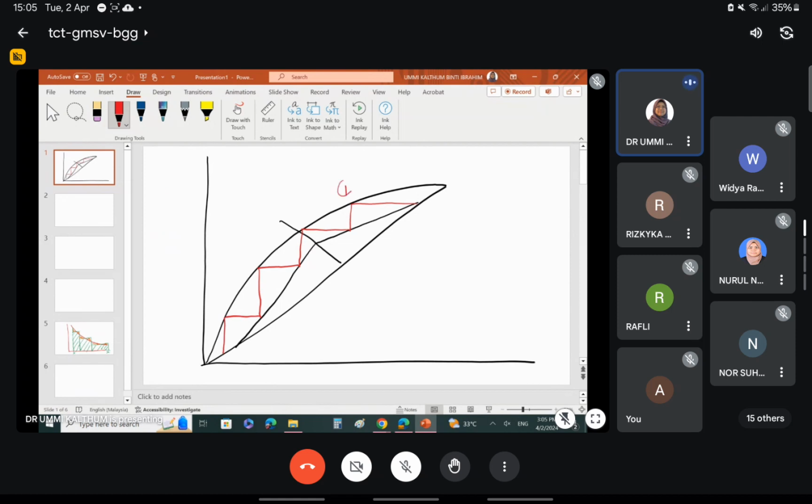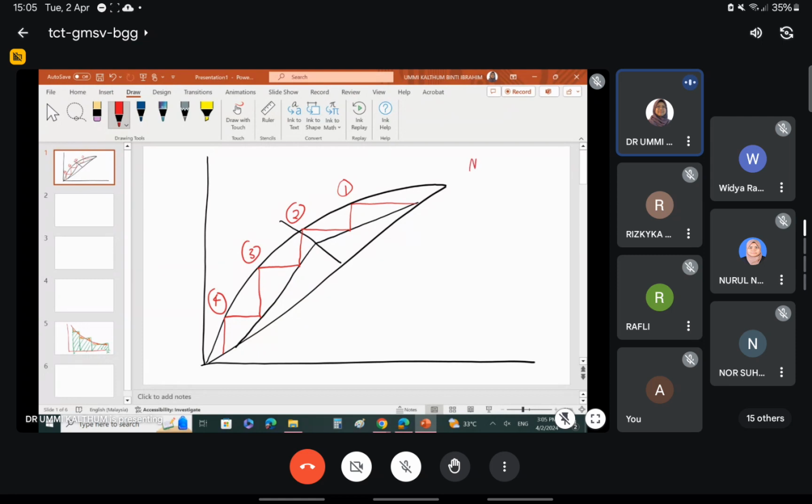Contoh sahaja. So theoretical stages is 1, 2, 3, 4. Okay, determination of Lewis Sorel and McCabe-Thiele method tu adalah theoretical stages ataupun ideal stages. Okay, so when come to efficiency, bila dah mention on efficiency, barulah keluar actual stages.